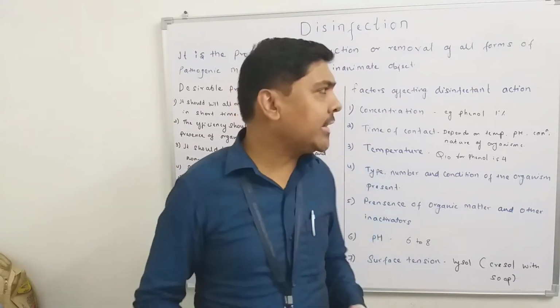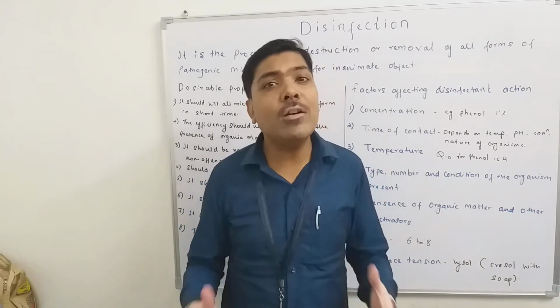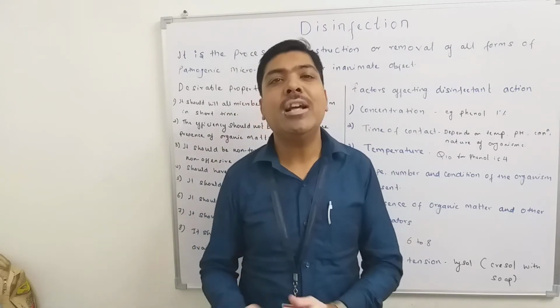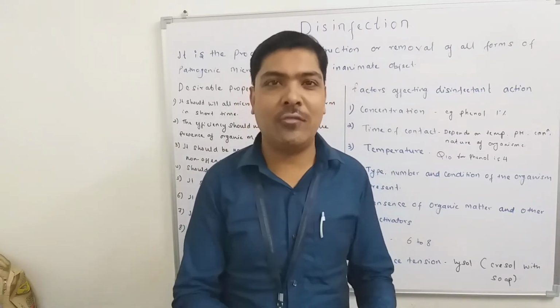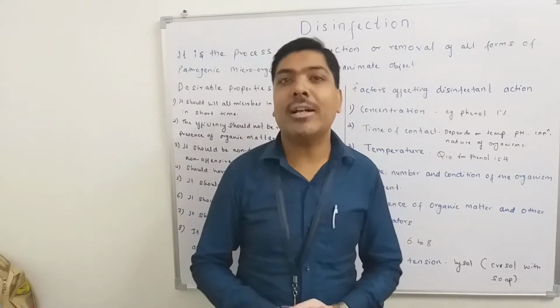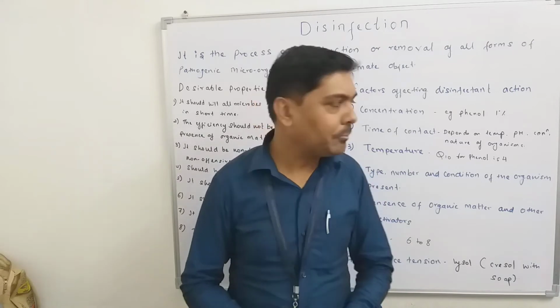We can take an example of phenol. Phenol is actually active at the concentration of 1%, and if we increase the concentration of the phenol from 1%, the activity of the phenol is reduced. So the optimization of the concentration of the particular disinfectant is again a big task.